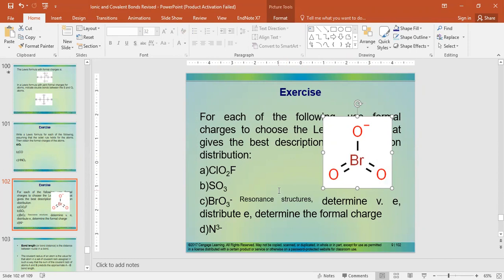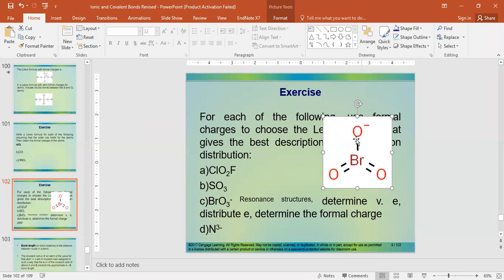Now, once you have that, what is the total number of valency electrons? This one has 6 valency electrons. This one has 6. This one has 6. This one has 7. And then you have an extra electron there. So the moment you distribute, you're going to come up with something like this. Then you can determine the formal charge. You realize that this oxygen and this oxygen are going to be the same. This oxygen is going to be alone.